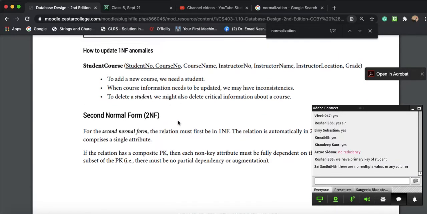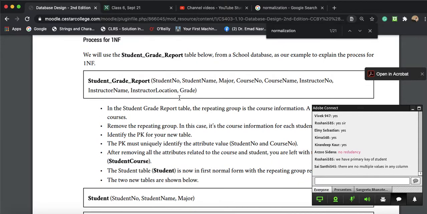Which means I can't take this relation and make it in the second normal form. I must make sure it's in the first normal form. When it's not, then how can I jump to the second normal form? No, I have to go to the first normal form, then go to the second normal form.